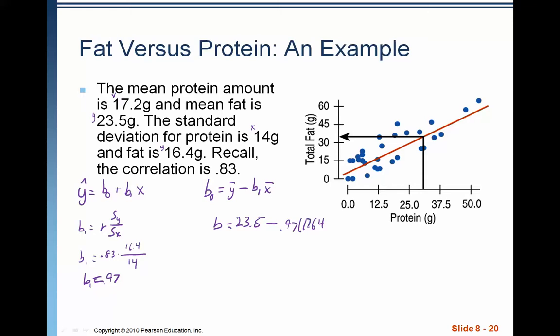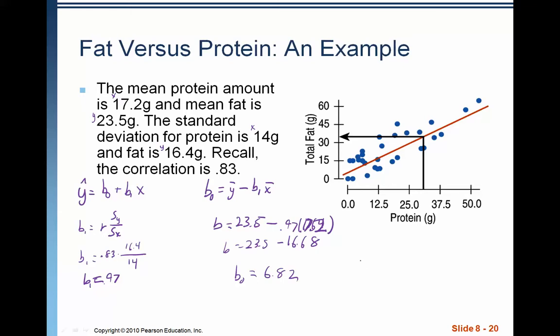I did that wrong the first time. So 0.97 times 17.2, that's going to be 23.5 minus 16.68. And 23.5 minus 16.68 is 6.82. So my slope is 0.97 and my y-intercept is 6.82.